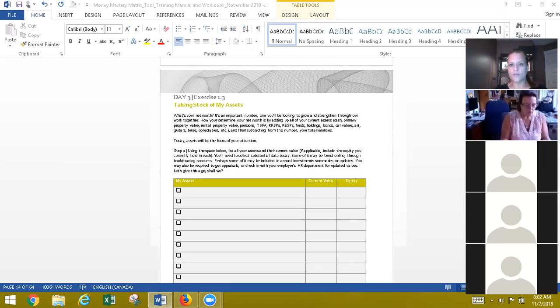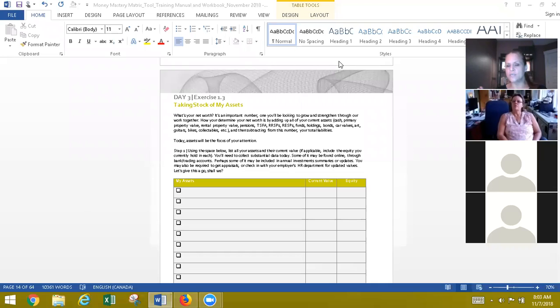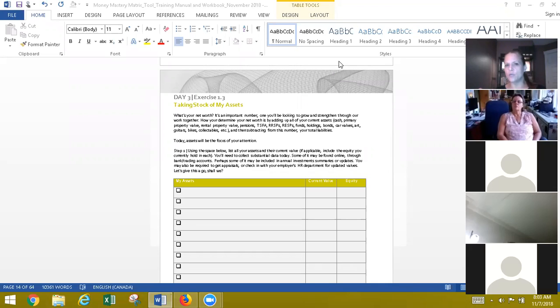Okay, other than that, let's move in to our day 3. We've got an exciting day today. Yesterday, the intention was to put all of those numbers into the spreadsheet so that we could take a look at where you're currently sitting at the end of the month, because I suspect for many of you, we need to make some adjustments so that we've got a balanced budget at the end of the month.